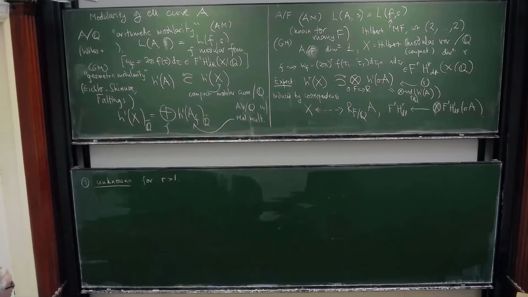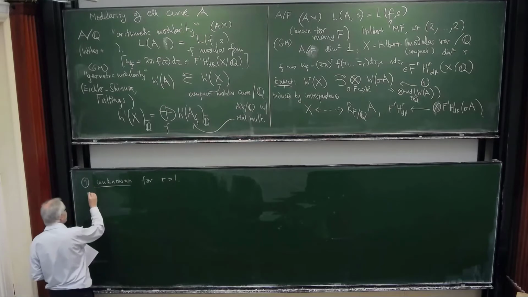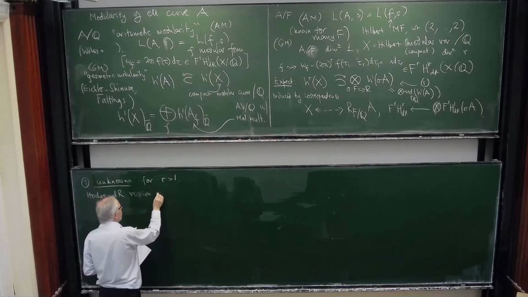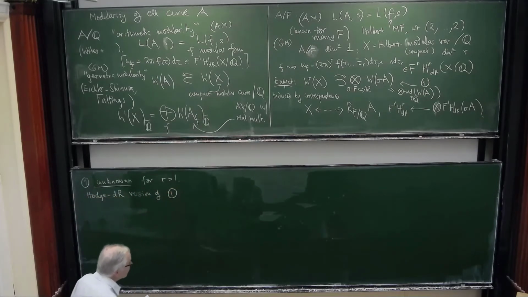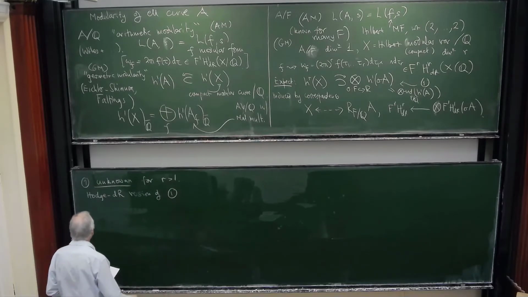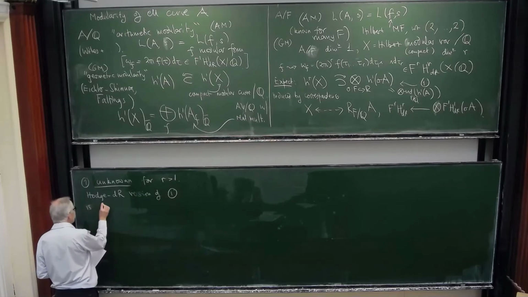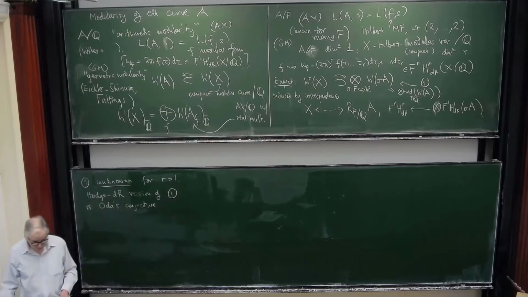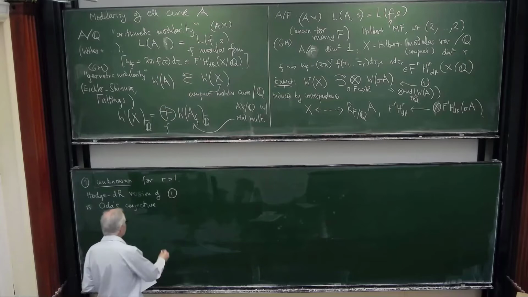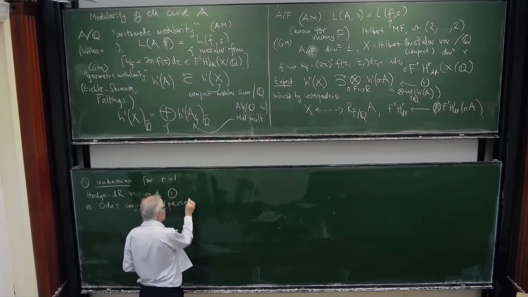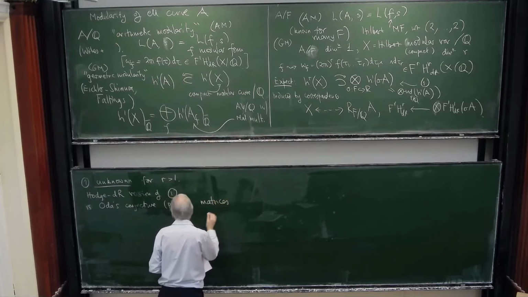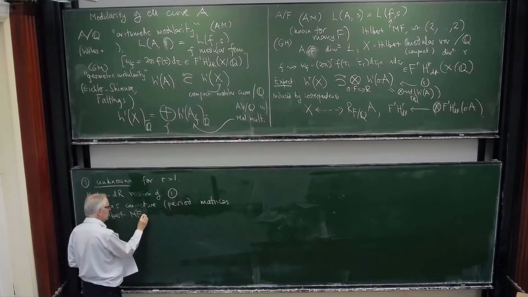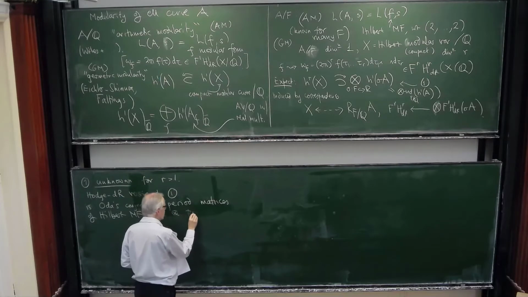In particular, the Hodge-de Rham version of this statement 1 would say it's the same as Oda's conjecture, which says that period matrices of Hilbert modular forms are tensor products of 2 by 2 matrices.